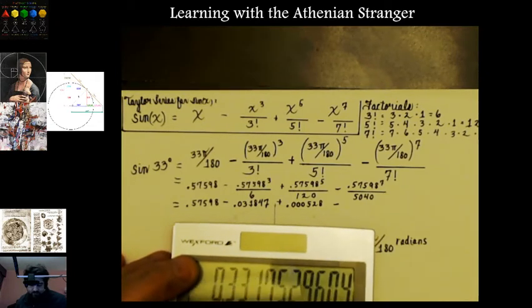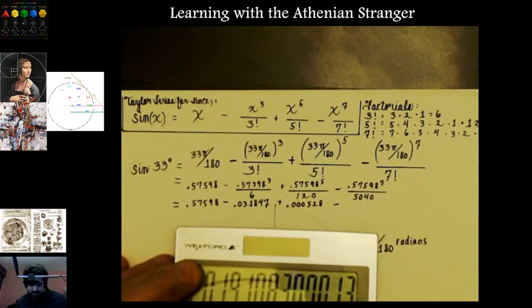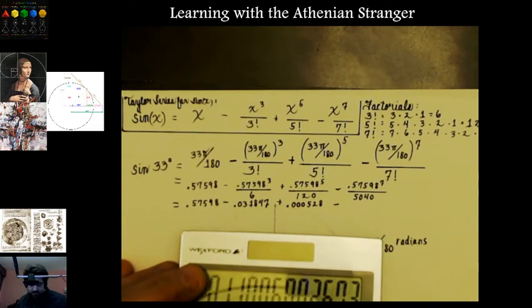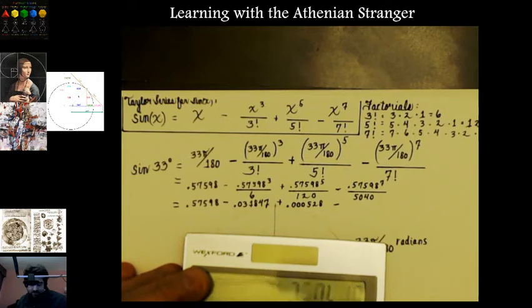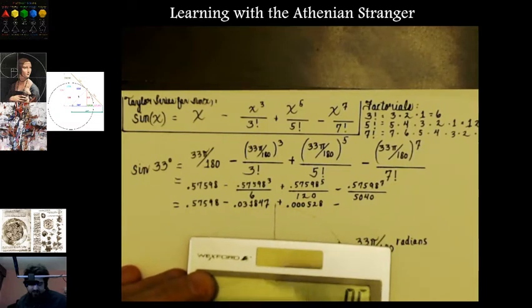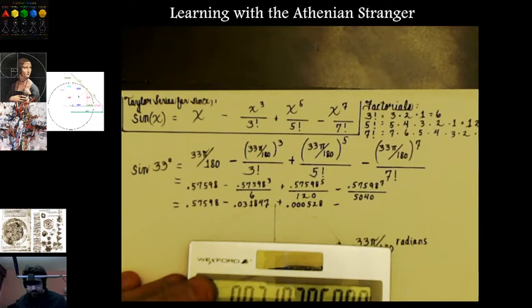That was 2. That was 3. That was 4. That was 5. That was 6. That was 7.